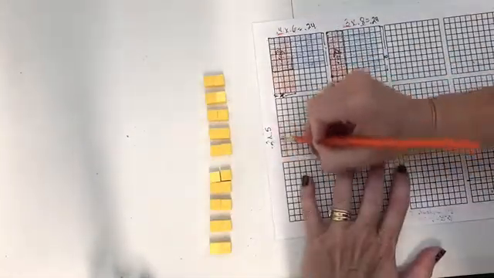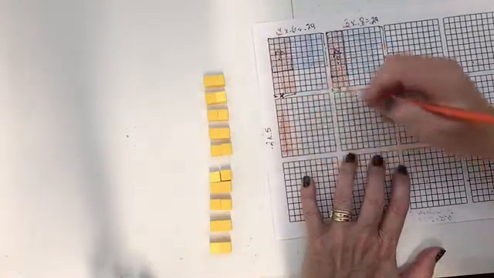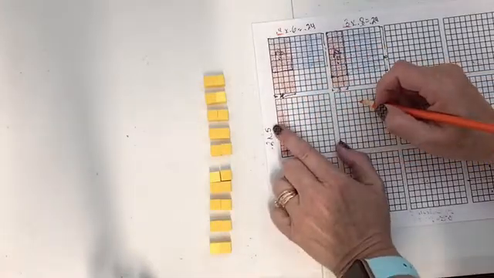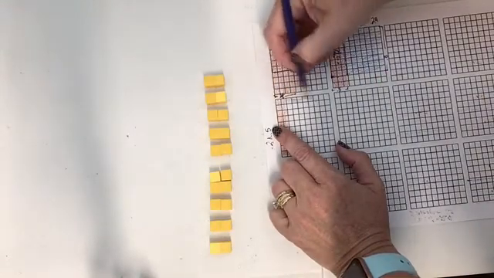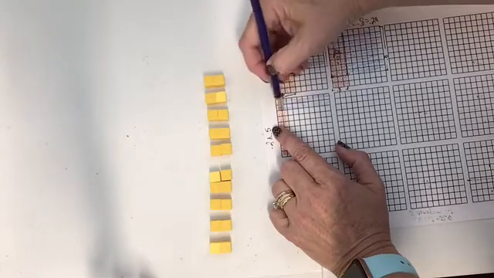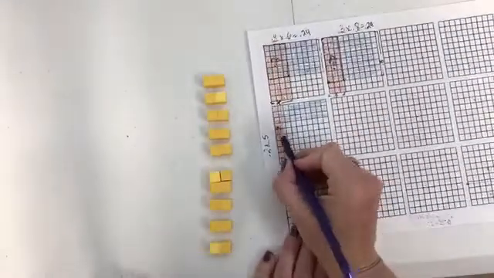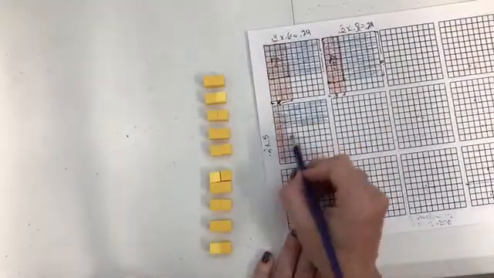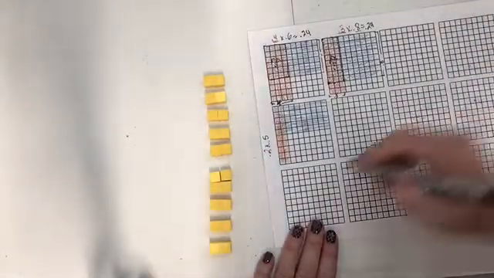So here's my 1/10, my 2/10. I only have 2/10 this time, and I want 5/10 of this model. So I'm going to shade in 1/10, 2/10, 3/10, 4/10, 5/10, and then I'm labeling everything.